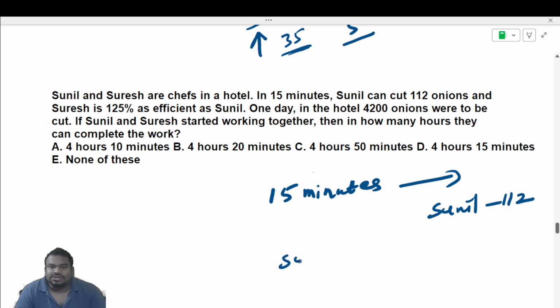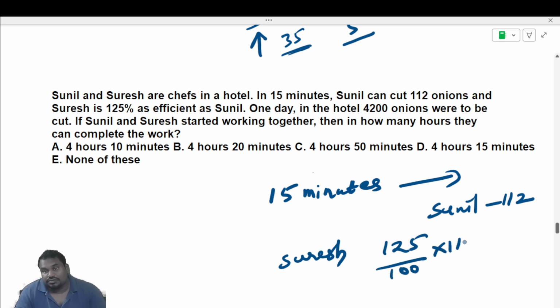But what about Suresh? Suresh is 125% efficient. It means 125 by 100 into 112. Whatever the amount of Sunil is, that will represent 112. That is taken as 100%. So Suresh is 125%. If 100% is 112, what is 125%? Like this you have to calculate.